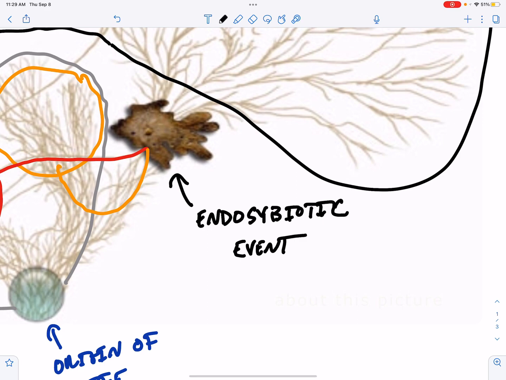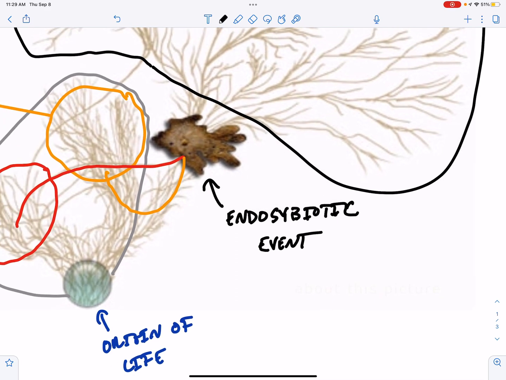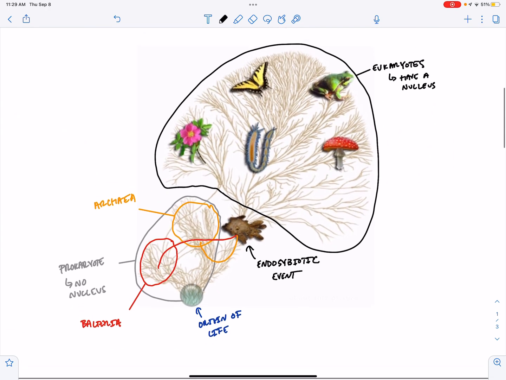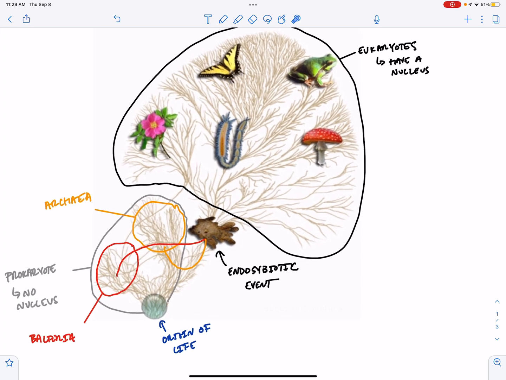So when this ancient archaea engulfed this ancient bacteria, it gave rise to all eukaryotic life. Not all eukaryotic life is multicellular. So we all share a common ancestor when an archaea ingested a bacteria, and that bacteria became what is called the modern day mitochondria. Okay, so that endosymbiotic event was very important. It's the common ancestor of all eukaryotic life.